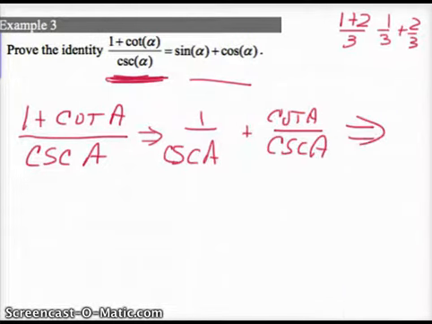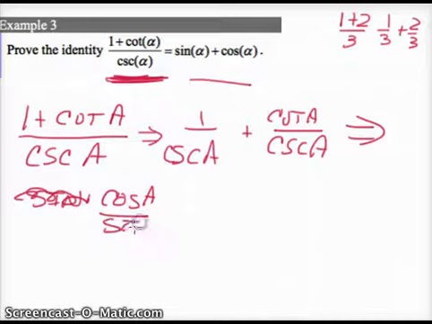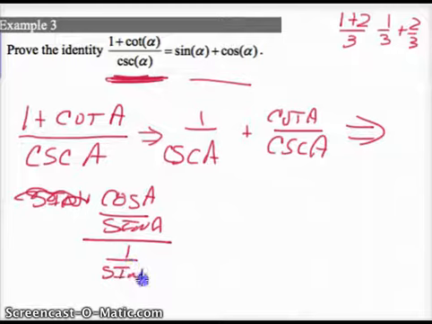Okay, well, I'm using my method 2, where I'm just taking one side and manipulating it. Hey, I know cotangent is really sine of, no, I messed up. It's really cosine of A over sine of A. And I also know that cosecant is 1 over sine of A. Now, I'm going to rewrite that.